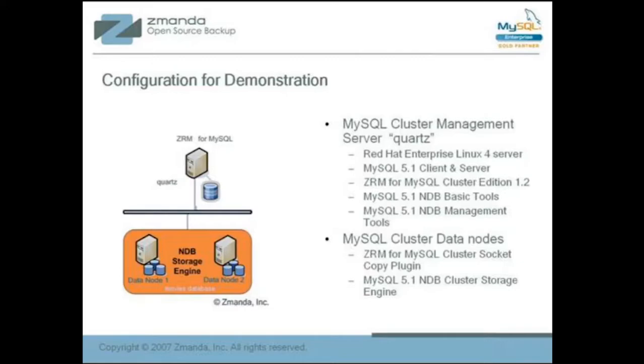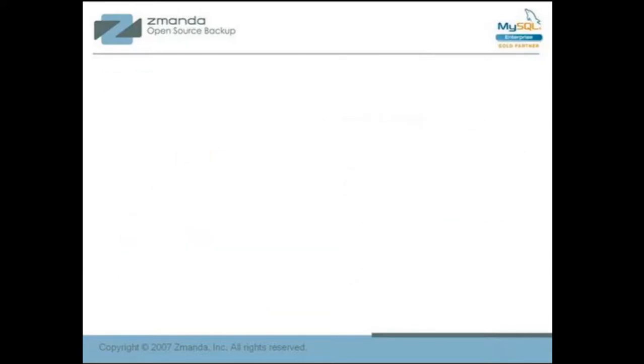Quartz has been configured as our NDB Cluster Management Server and MySQL application node. Our cluster has 2 data nodes configured. Both data nodes are configured with the ZRM for MySQL Socket Copy plugin, as well as the MySQL 5.1 cluster storage engine. We will demonstrate configuring a full backup, followed by a use case recovery scenario of the movies database.